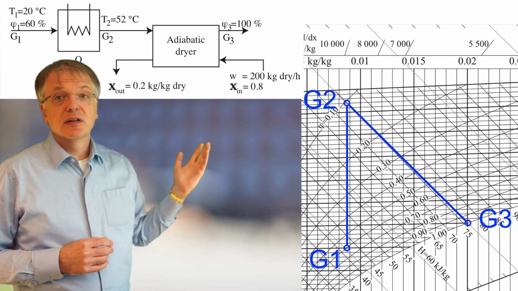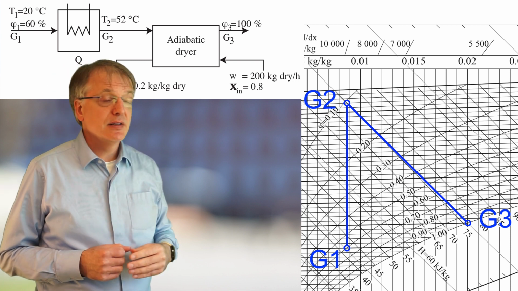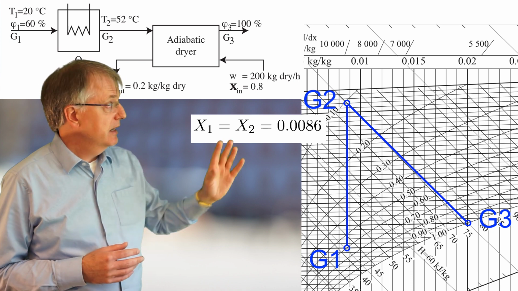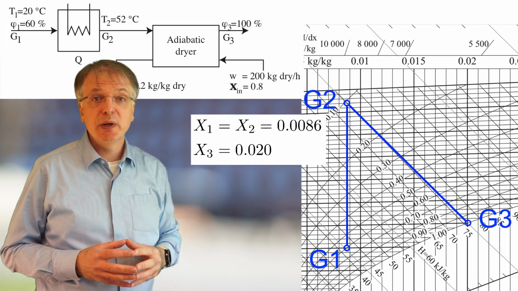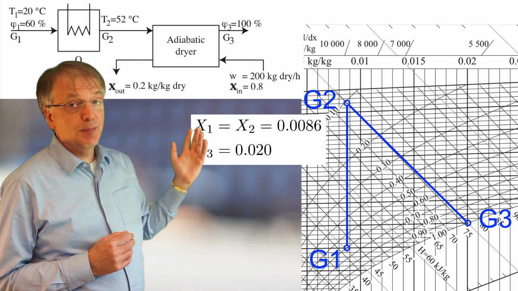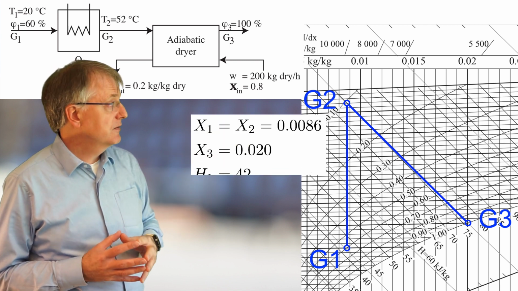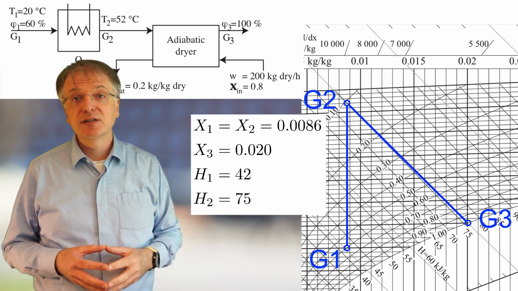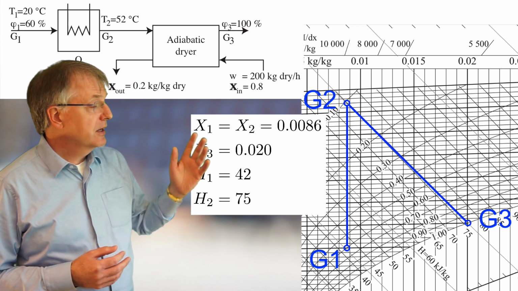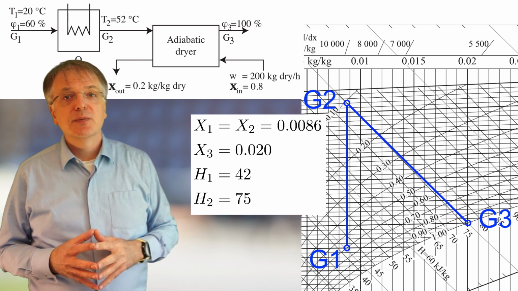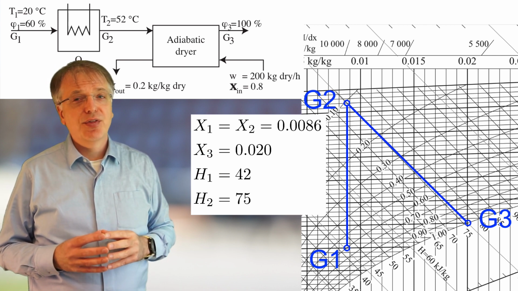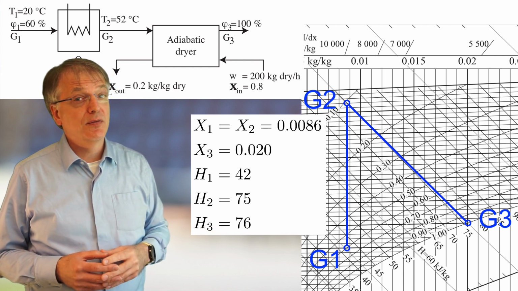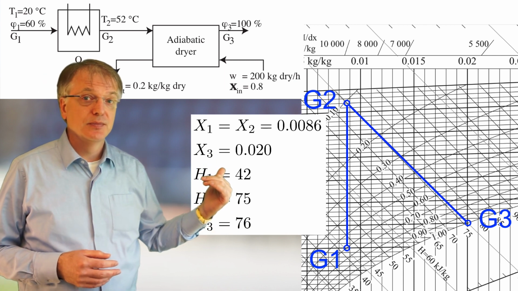We can now read the water content X1 and X2 as 0.0086 kg of water per kilogram of dry air and X3 as 0.020. We can read the enthalpies H1 and H2 as 42 and 75 kJ per kilogram dry air respectively. The careful reader will also note that the enthalpy H3 is slightly larger, 76 kJ per kilogram of dry air, than H2.